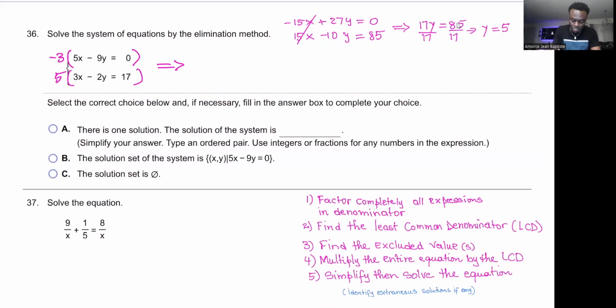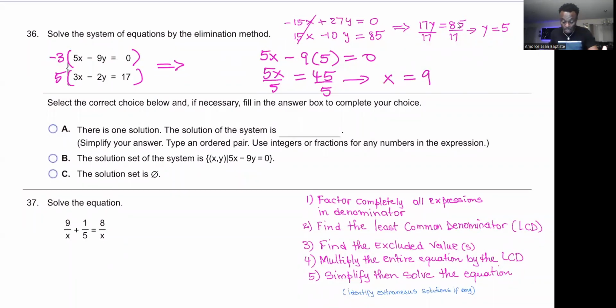So that gives me 5x minus 9 times the value of y, 5, equals 0. So 5x equals 45. I move it over, divide by 5. We get x equals 9. So I go back here to say that's my unique solution: x is 9, and y is 5. That is my solution.